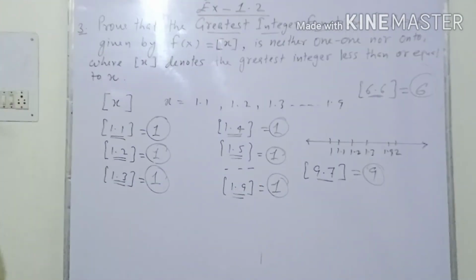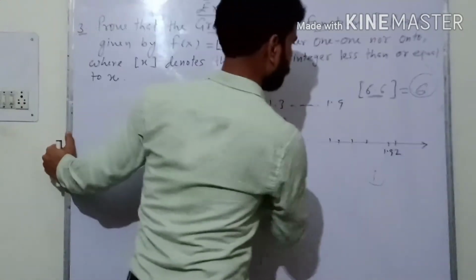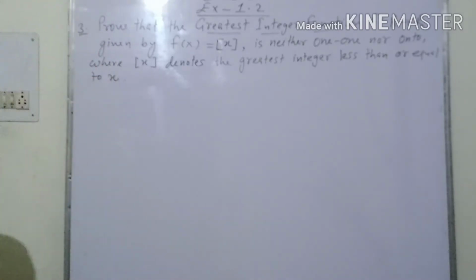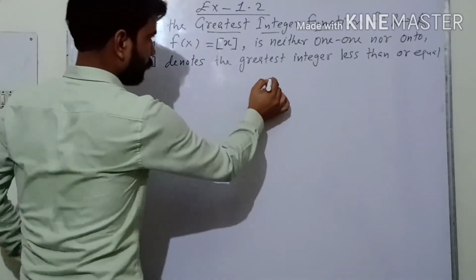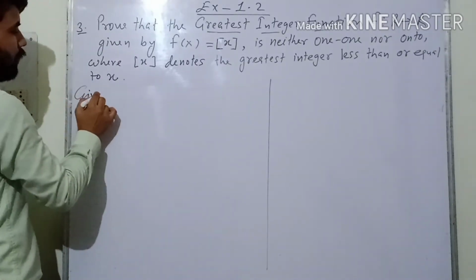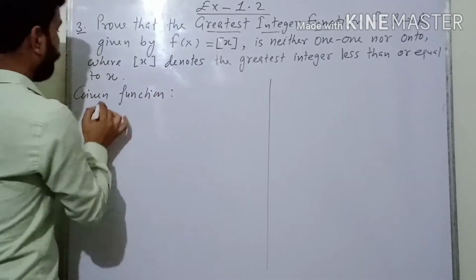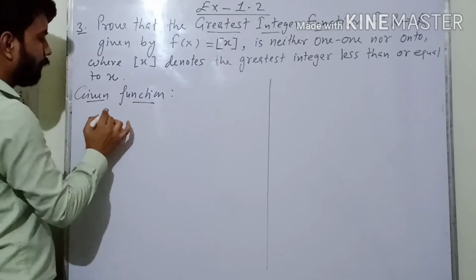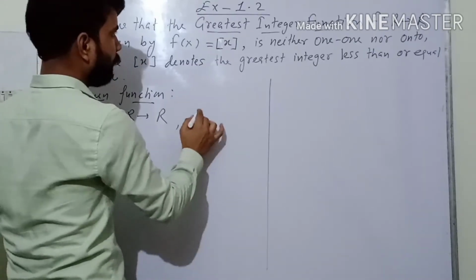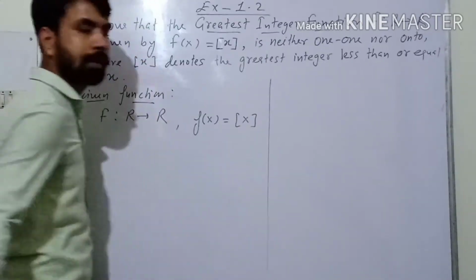How to solve this? See, the given function is f from R to R, defined by f(x) = greatest integer x.